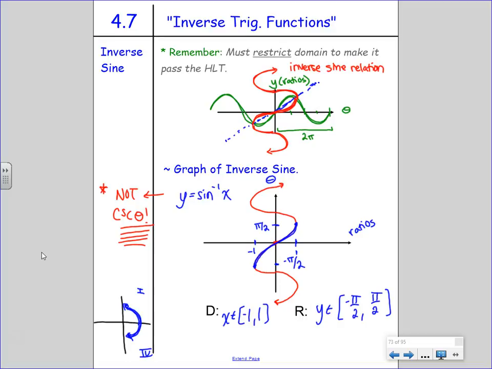Anybody remember the second one we talked about? Cotangent. What was different about cotangent? He's kind of the opposite. He's going to be this way. And remember, any zero of tangent is going to be what of the reciprocal? What's 1 over 0?